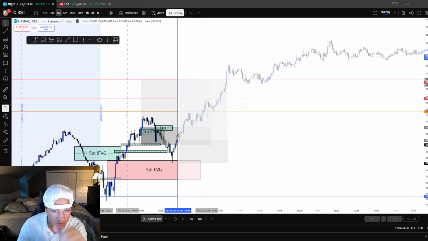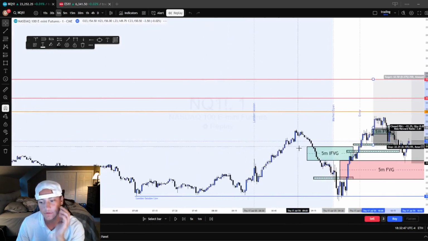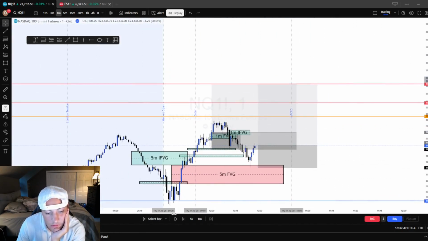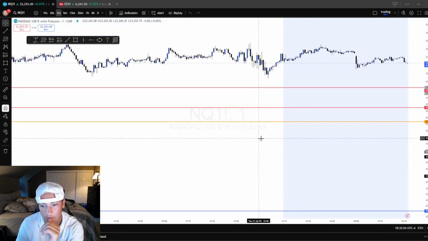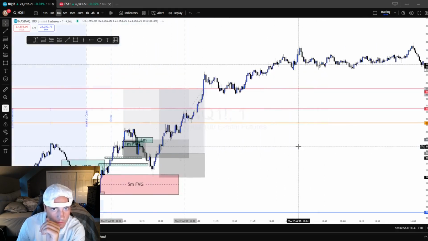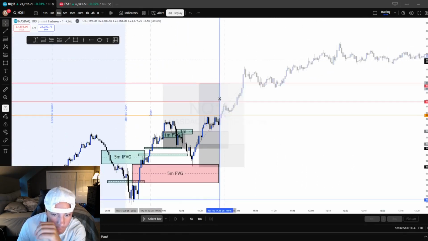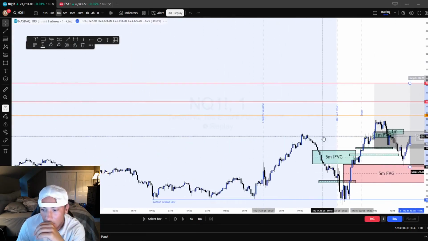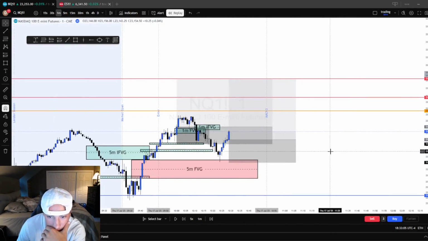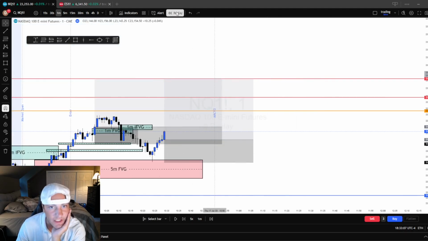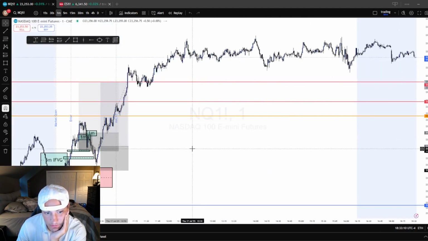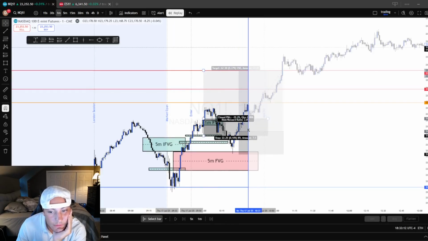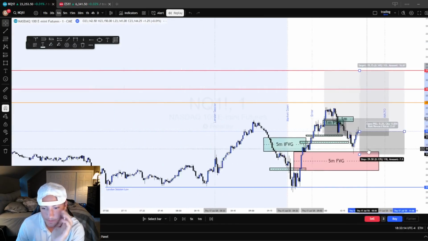Oh, wait, no, broke structure down here. So broke structure right there. I would try to enter right there. Just play. Right. That's not right where I would have entered either. Hold on. I want to get this right because I want to know. Right there.